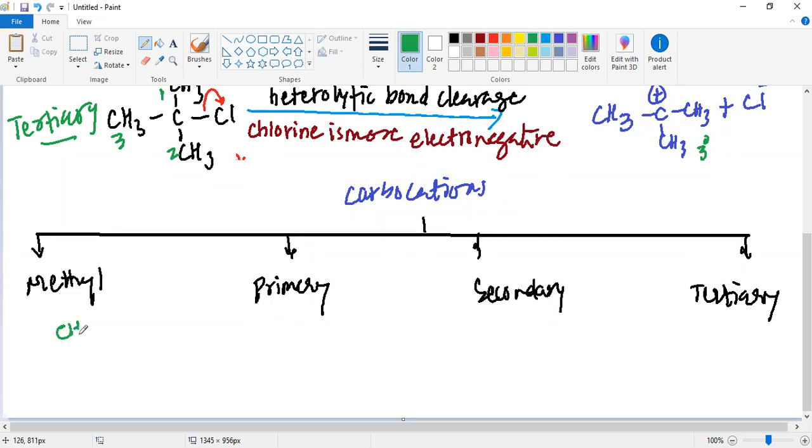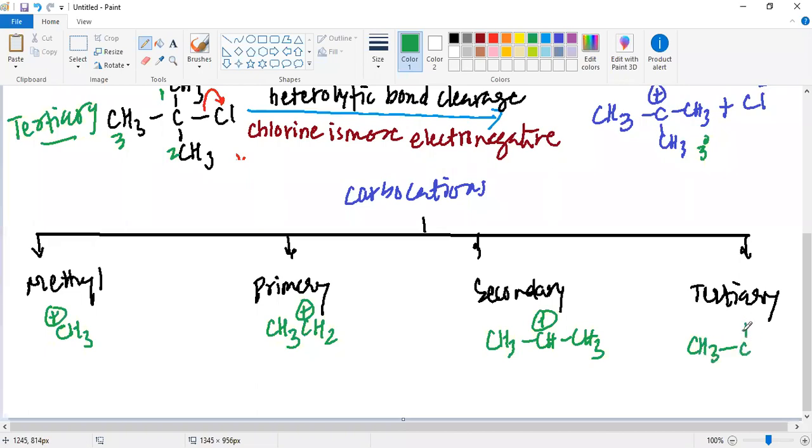This methyl carbocation is CH3 plus. Primary carbocation can be any other carbocation, but here we'll represent it with CH3 CH2 plus. Secondary carbocation is CH3 CH plus CH3, and tertiary carbocation is CH3 C plus CH3 CH3.